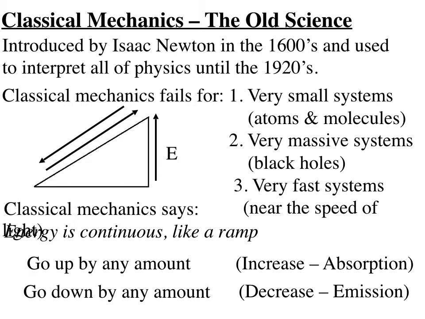I can go down the energy ramp by any amount I want, and in giving off energy, I do so by emitting it. So when I'm in a high energy state, I emit energy to go down the ramp. When I'm in a low energy state, I absorb it to go up the ramp. And according to the old ideas of Newton, I should be allowed to go up or down the ramp in any amount that I want.